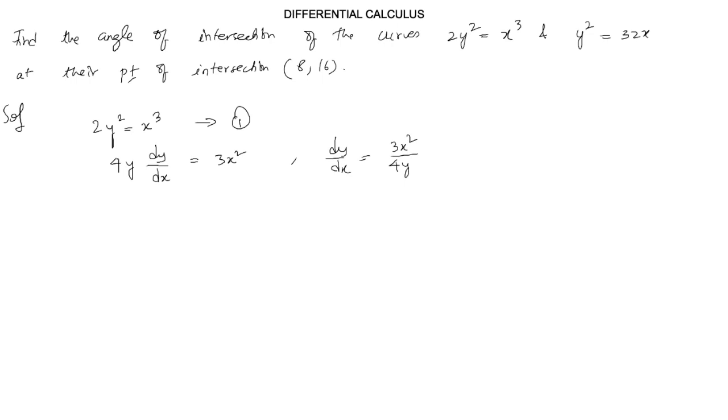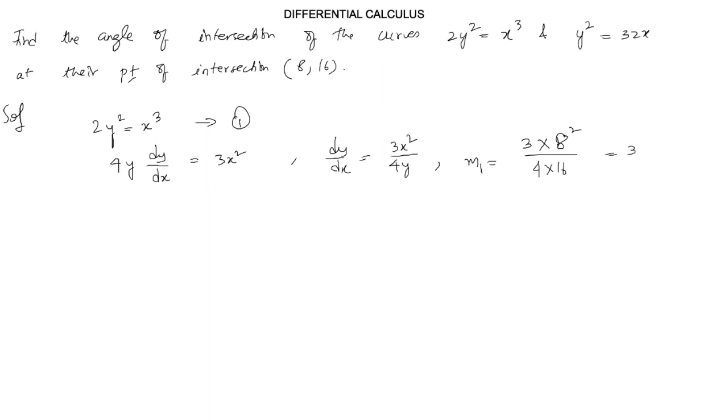Now m1 would be the slope of the tangent at (8, 16), that is 3 multiplied by 8 square divided by 4 multiplied by 16, which gives 3. Okay, we got the slope of the tangent at (8, 16).